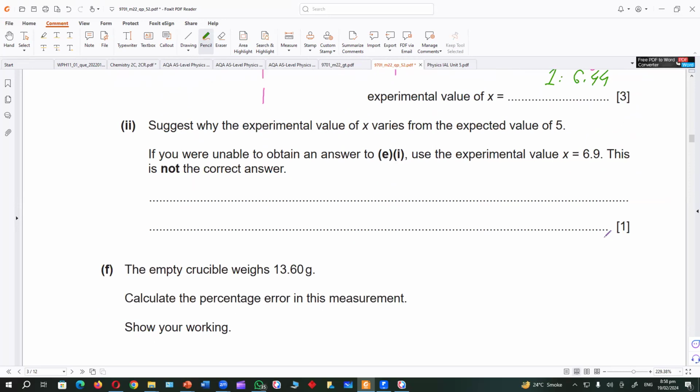Suggest why the experimental value of x varies from the expected value of 5. If you are unable to obtain an answer, you can use the experimental value of 6.9. This is not the true value, but he says your answer may not be correct.